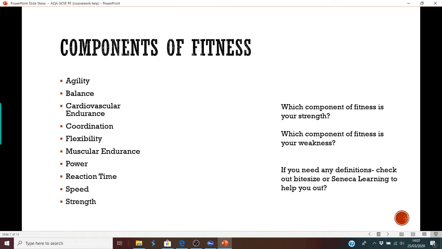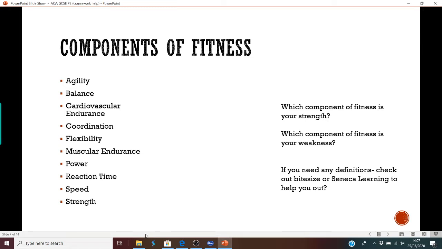So we've got all these different components of fitness, and you have to pick one of them as a strength, and you've got to really focus on how that is a strength of yours. So let's say you are looking at cardiovascular endurance as your strength, we've got to really sell it and tell us exactly why.